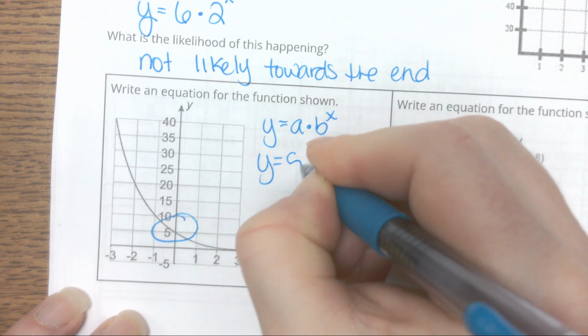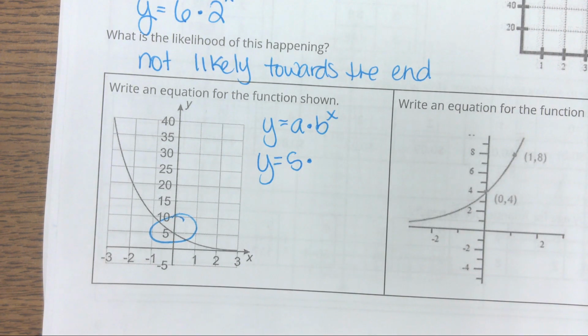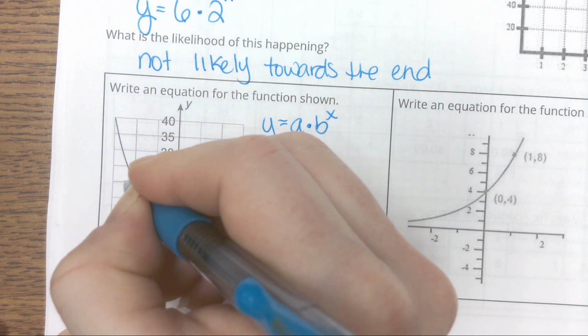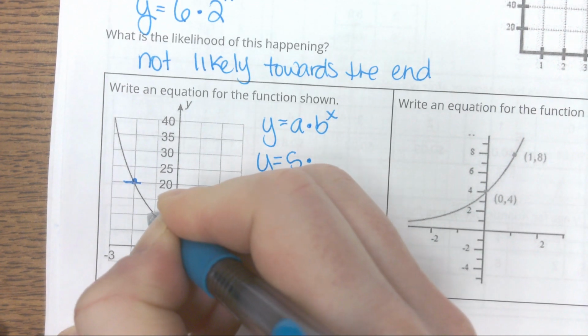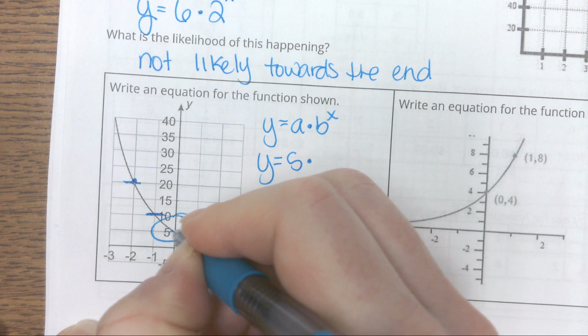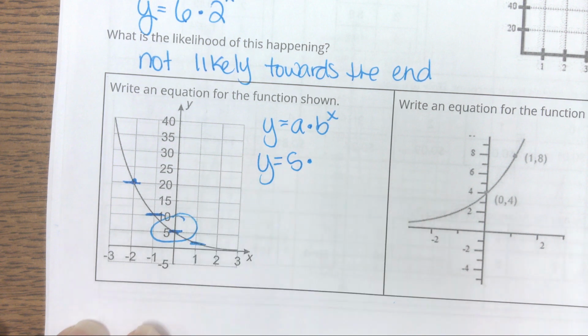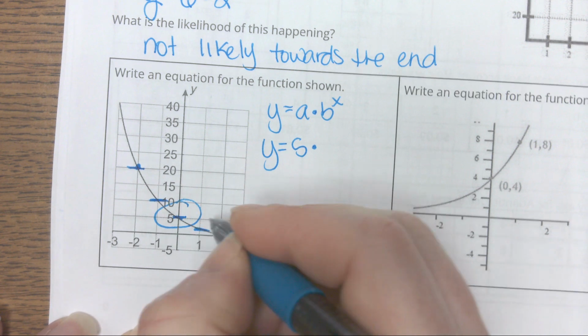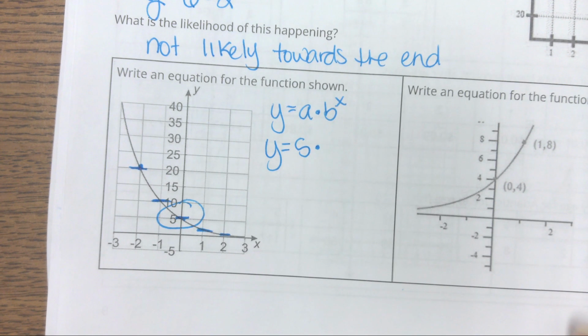Now, this one's a little bit trickier, but I think you can figure it out. You might have to look at some points prior, okay? First of all, it's going down. So this is going to be a number between 0 and 1. It was 20, and then it went to 10, and then it goes to 5. If you had to make a guess, what do you think that is? 2.5 probably, and maybe this is 1.25. I'm making the guesses here, but what are these?